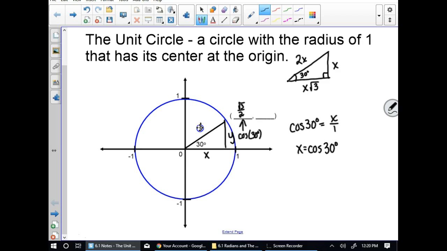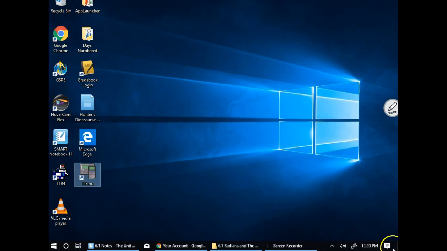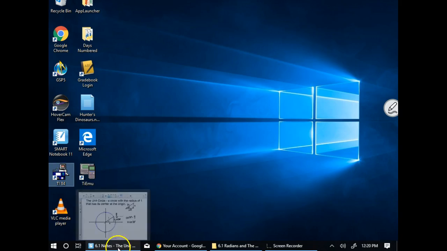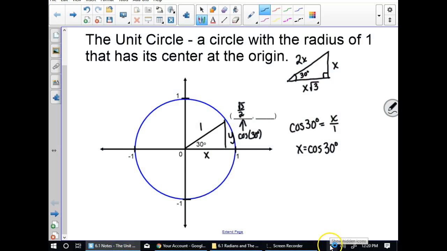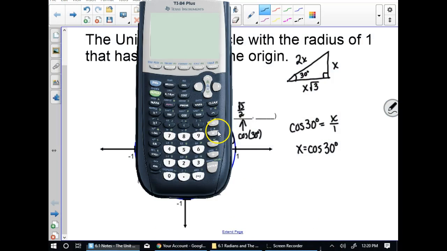Now, normally, everything we've done so far, we just type cosine 30 into the calculator. And when we type cosine 30 into the calculator, it would give us a decimal. Let's do it. So we would type in cosine of 30, and it would give us the decimal 0.866025.